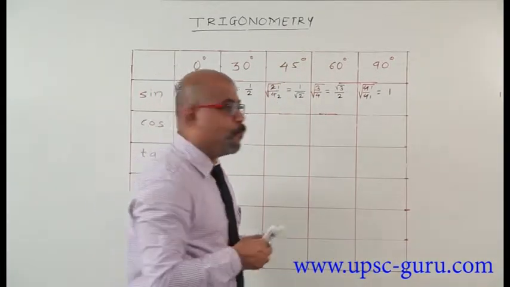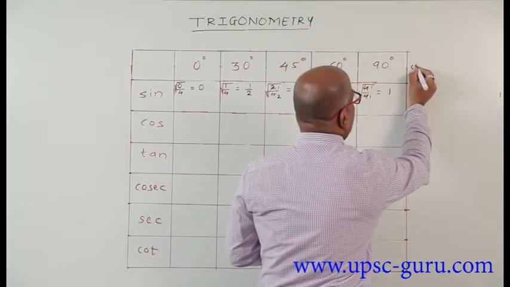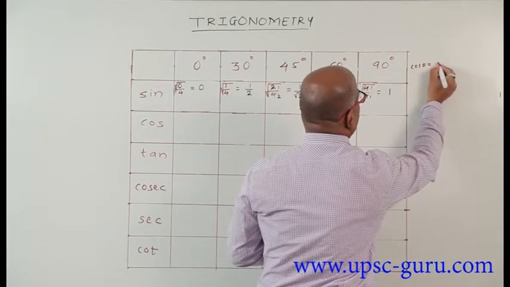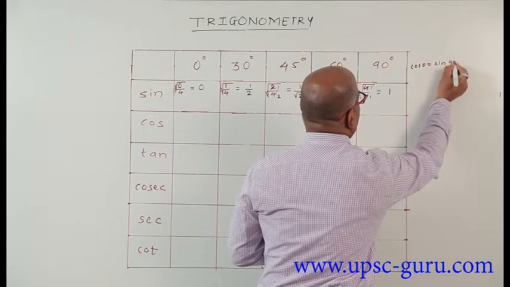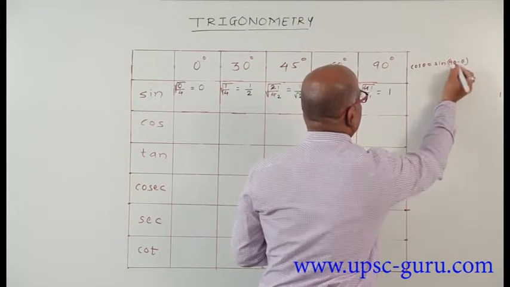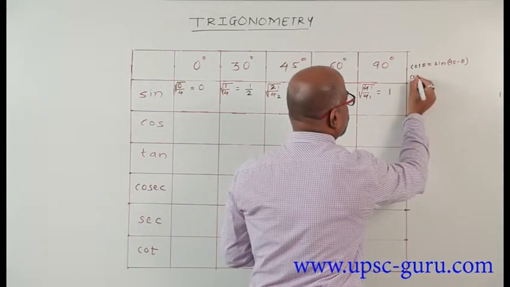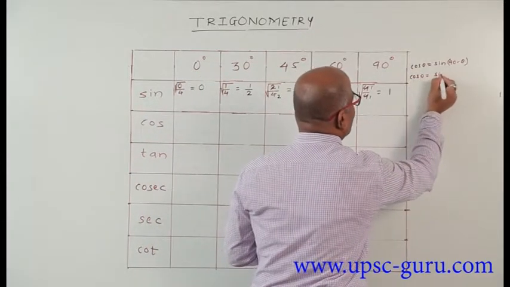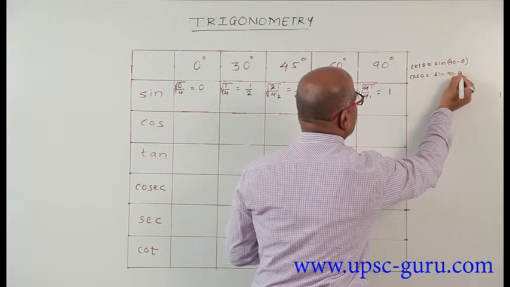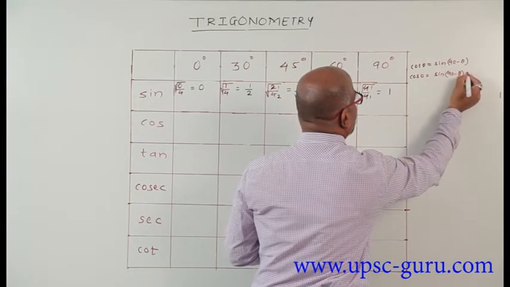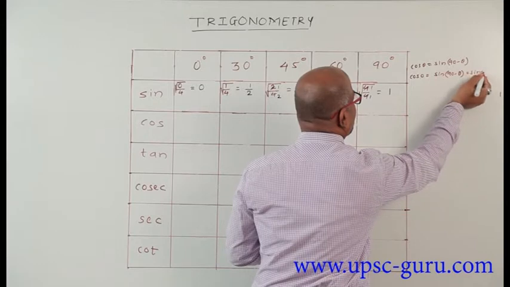Now we have the basic formula. Cos theta equals sine 90 minus theta. Now let us check cos 0. Cos 0 equals sine 90 minus 0, that is sine 90 degree.